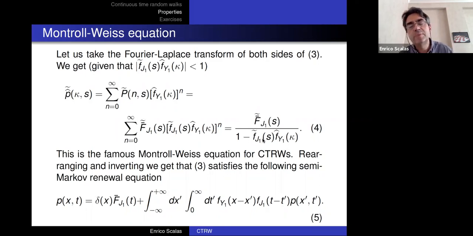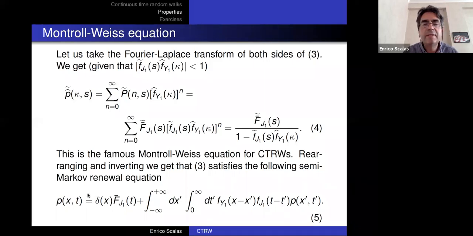As we were doing this morning, you multiply this 1 minus f tilde by f hat on this side, and you end up with this Markov renewal equation, or semi-Markov renewal equation number 5, where you see clearly the emergence of the singularity in the origin.